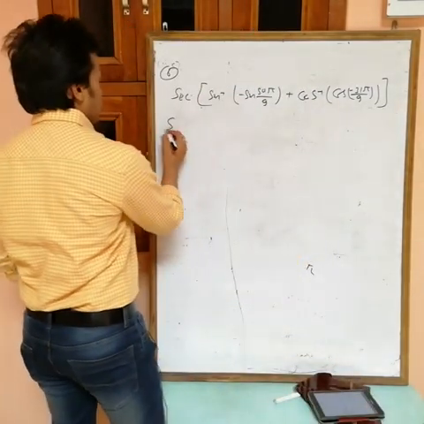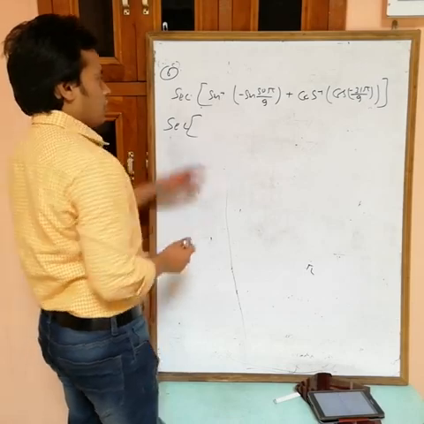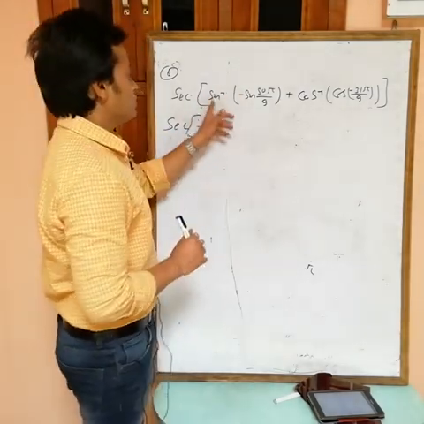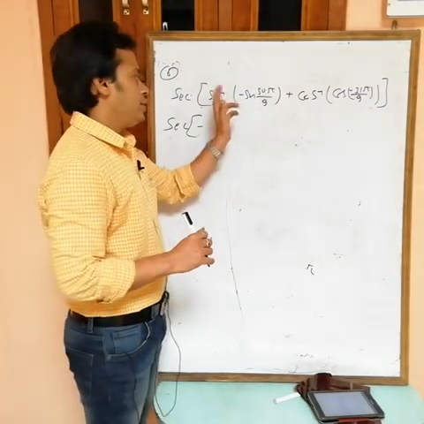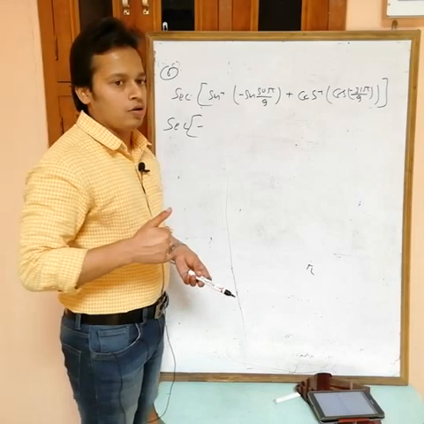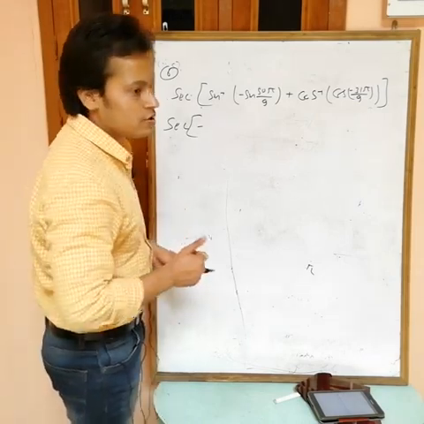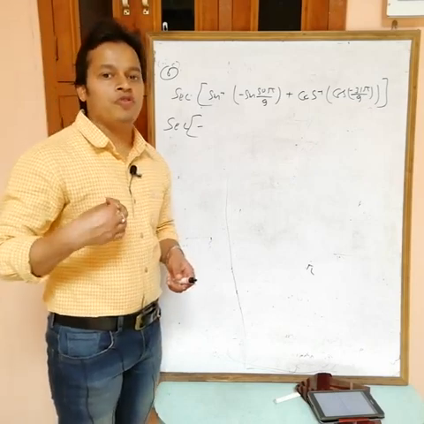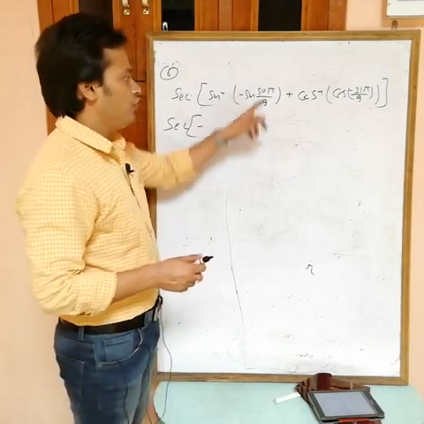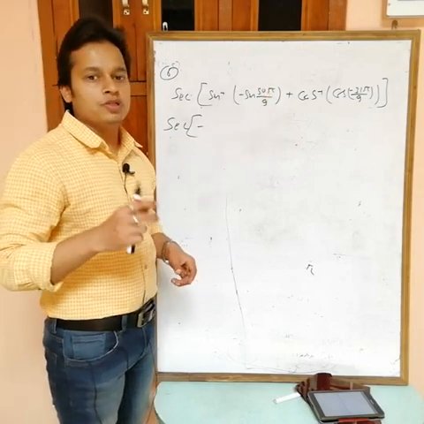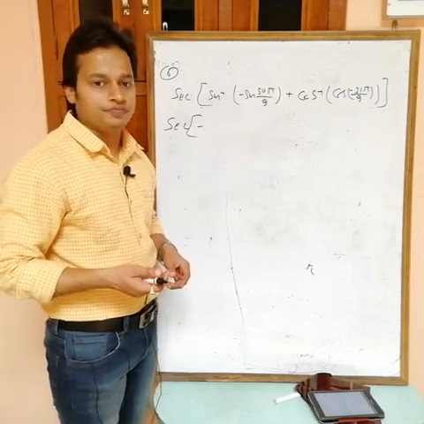Now see, sec of, I can write the minus outside the sine inverse. Now we have sine inverse of sine x, and x is 50 pi by 9. 9 into 5 is 45 pi, 9 into 6 is 54 pi. So 54 and 45, this is near to 54. It means this is near to 6 pi.